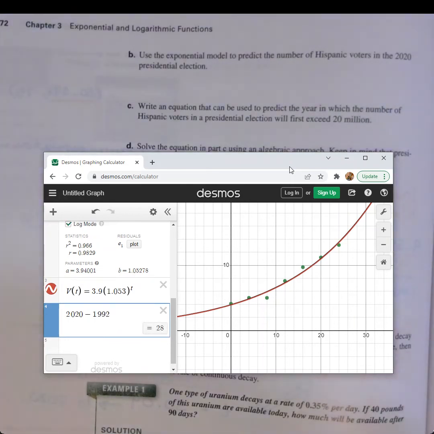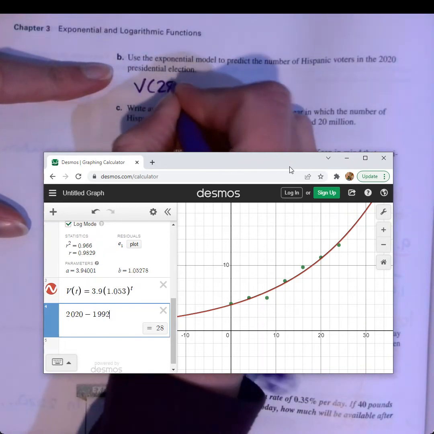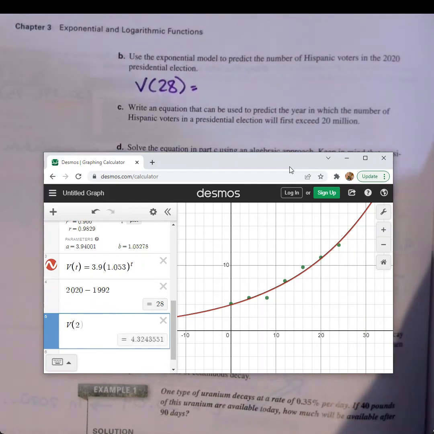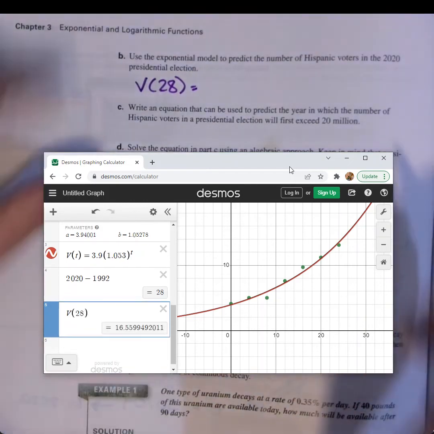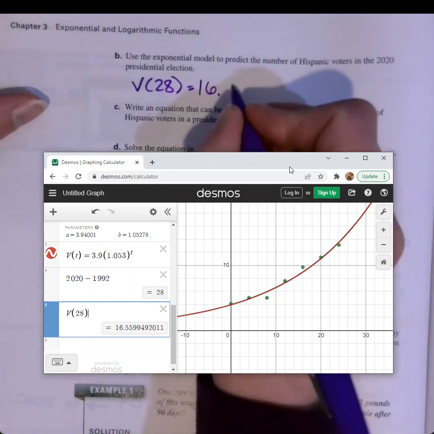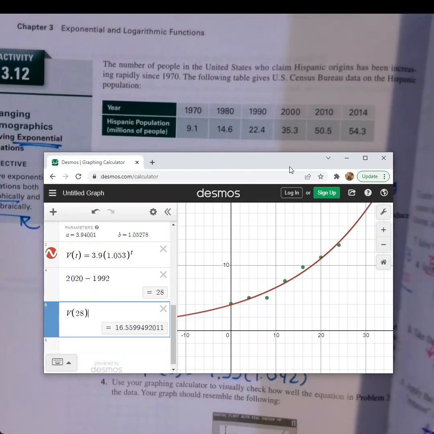So that's going to be an input of 28 years. So we're looking at a prediction V of 28 there. And that gives us 16.56. I think it's million. Yep, million voters.